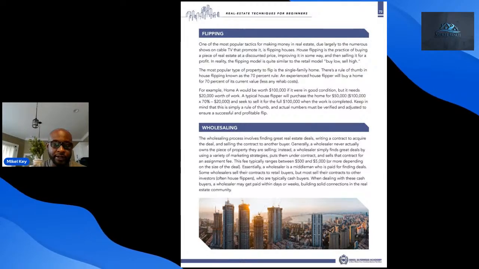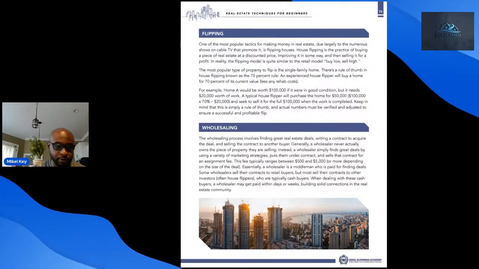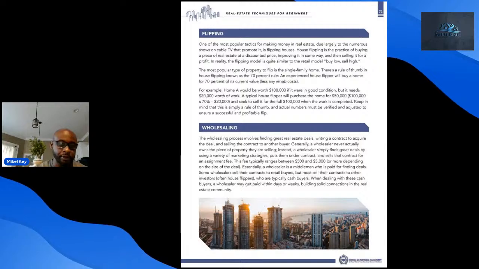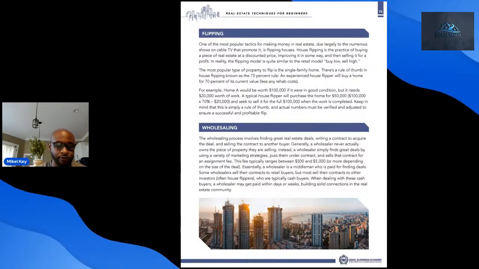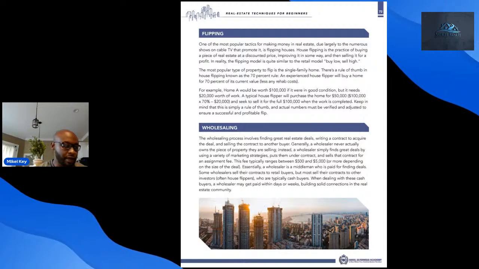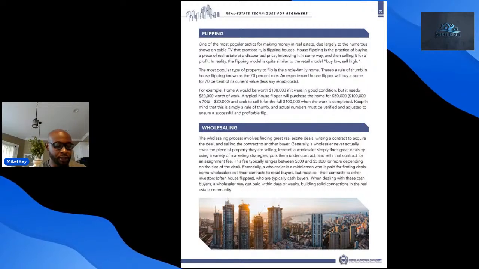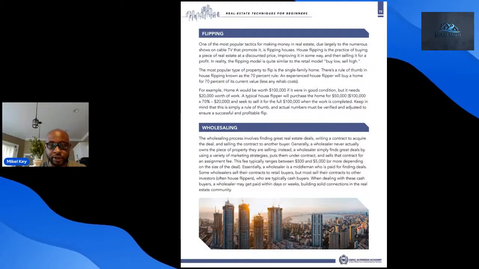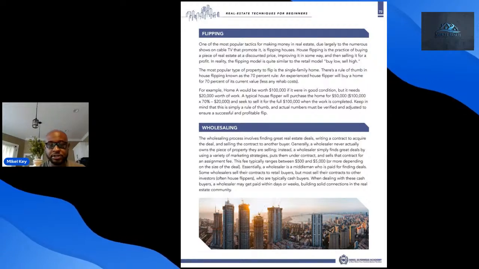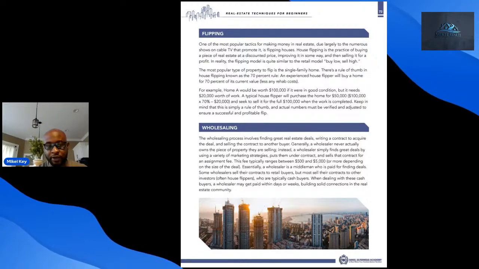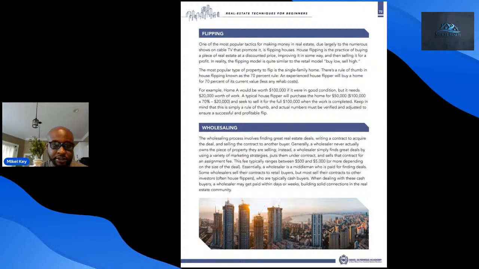So when you're finding a house to flip, you've identified a property on realtor.com, or a family or friend referred you a property. You have to figure out what the after repair value of that property is. There are a lot of different ways you can figure it out, but a simple way is to utilize realtor.com.